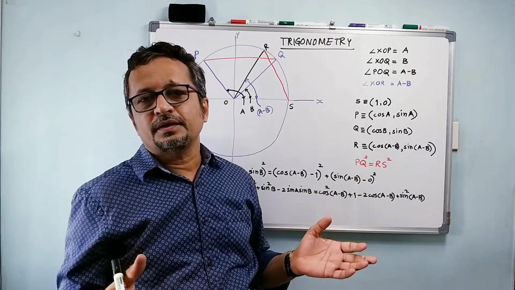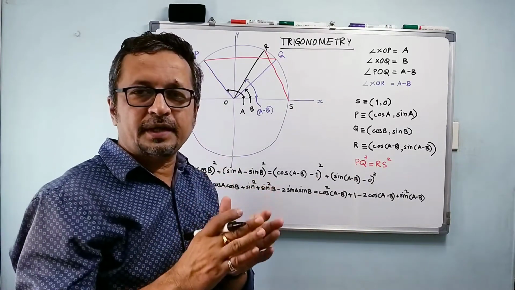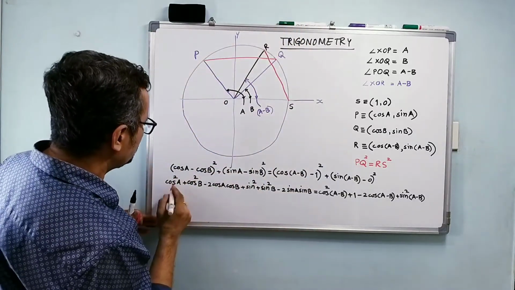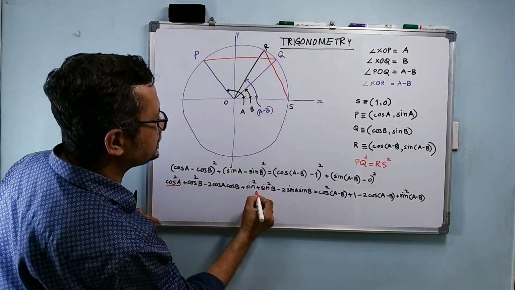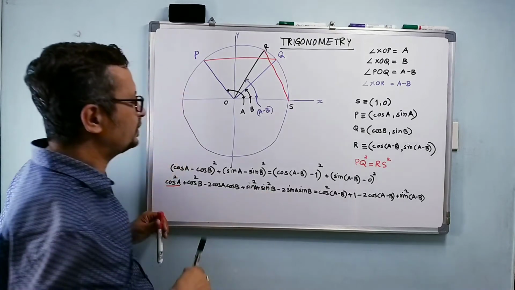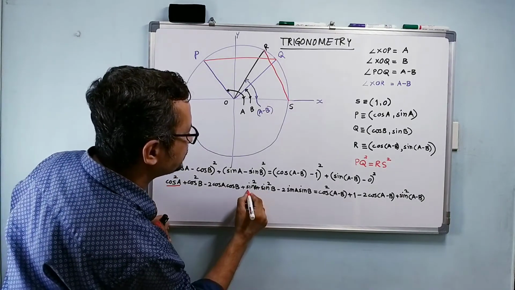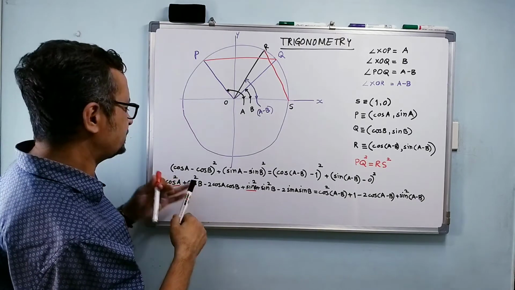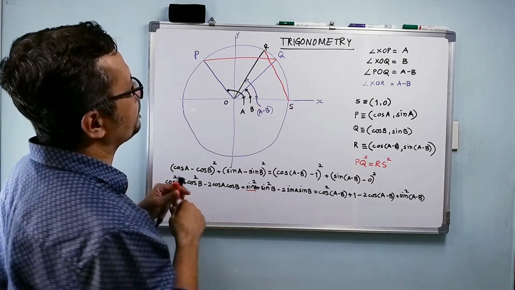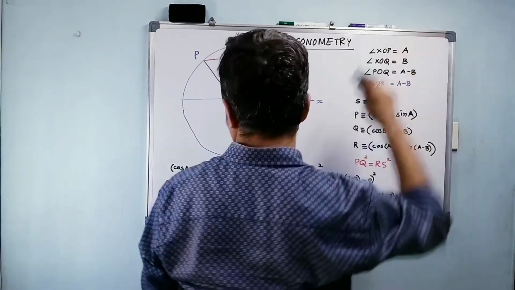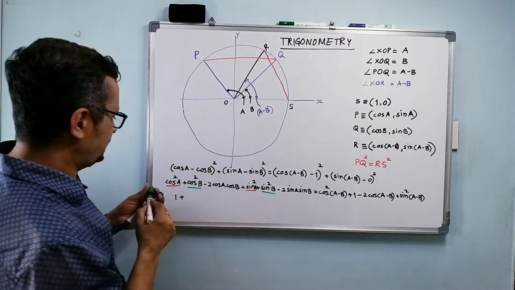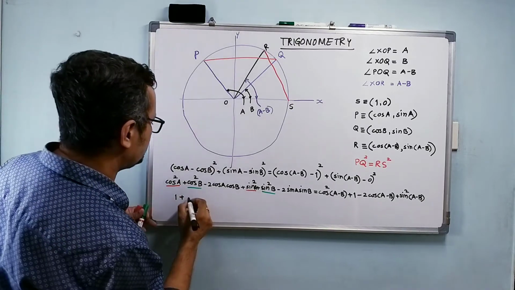Now using the basic trigonometric identity, cos square theta plus sin square theta is equal to 1. So now cos square A plus sin square A is equal to 1, plus cos square B plus sin square B, and again that is equal to 1.